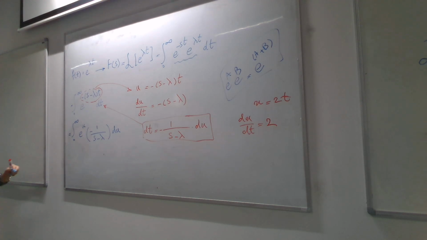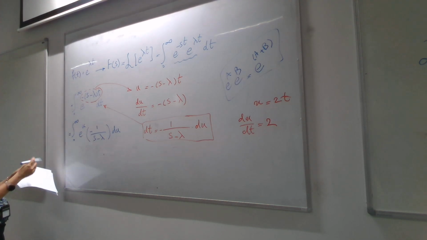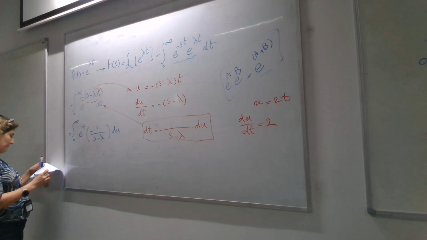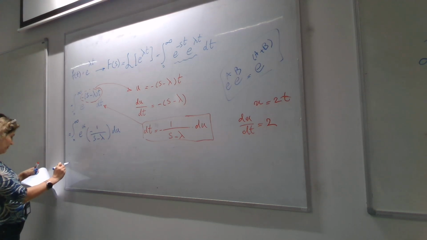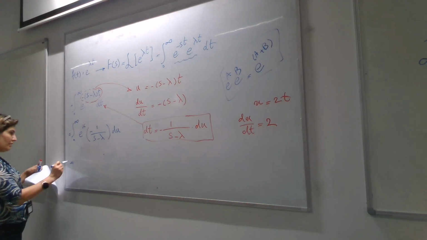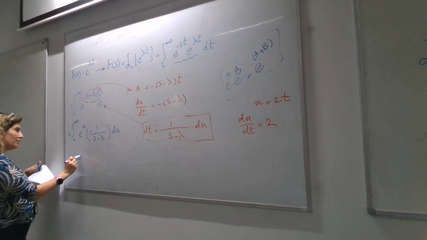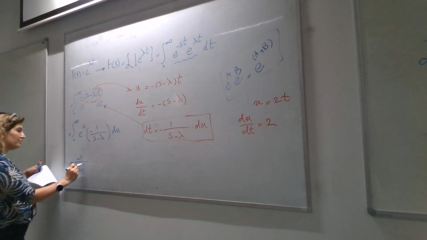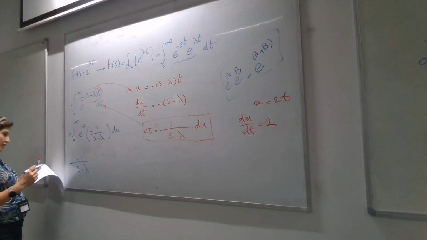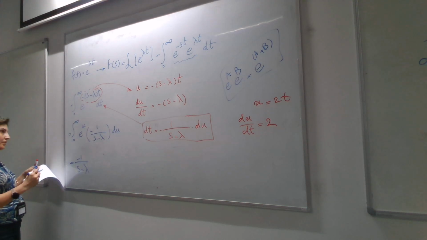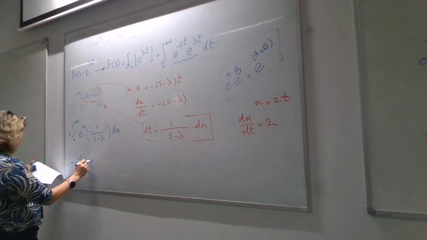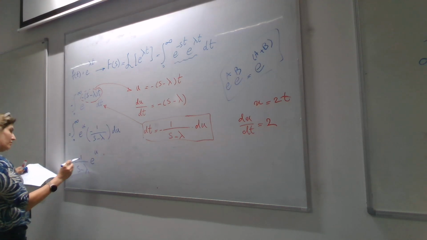Okay, now if I want to do this integration, it goes back to, what was it called? Taking limits, yeah. So I'm going to do the limits. It will be minus 1 over s minus lambda, and then there will be here.